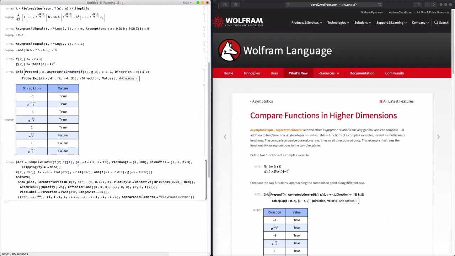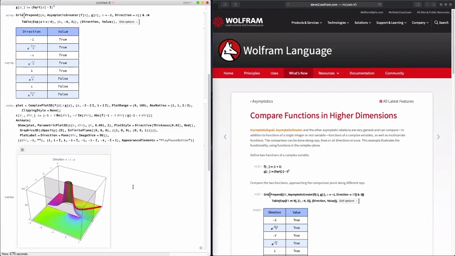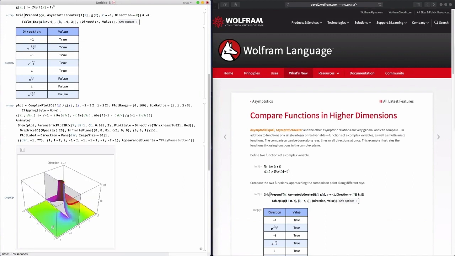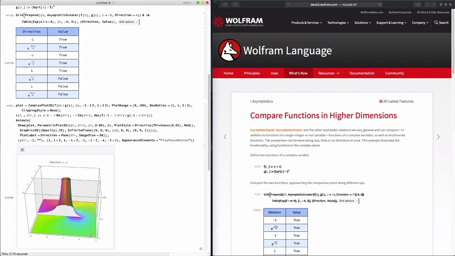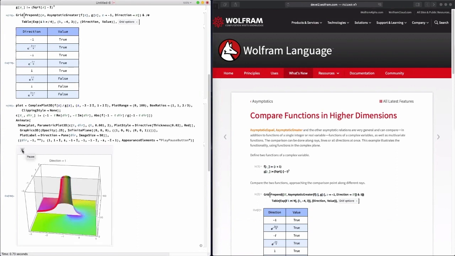To help us understand what those directions are, I'm going to create a Manipulate here. So I've put in a plane along the real axis, and we can see that this axis on the bottom is the real direction. So if I pause here, this is the direction minus 1, and that means we're approaching minus 1 from above.